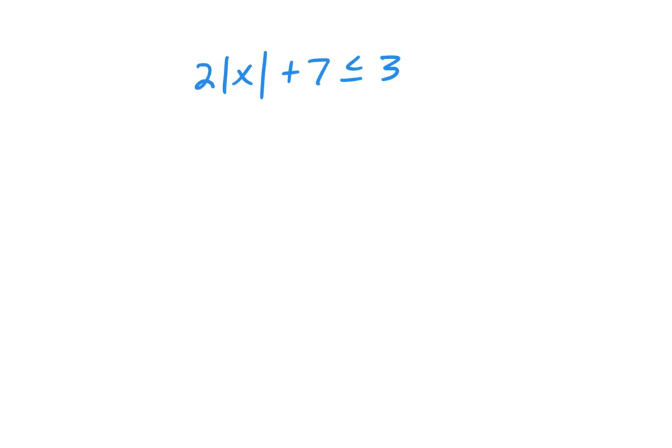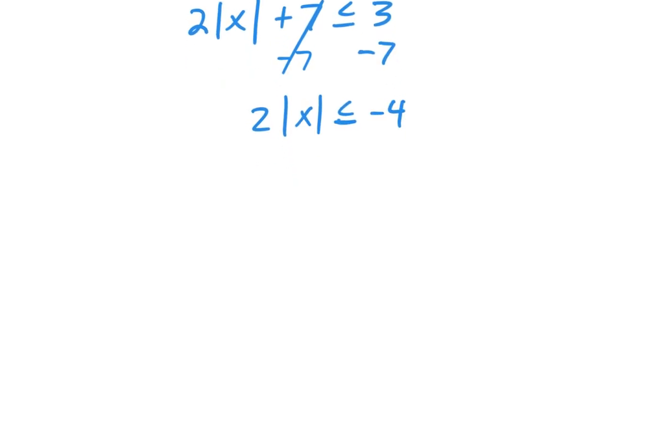Which one do I move first? The 7, yep. Just like solving an equation. We're going to subtract first. And then we're going to divide by 2. And we get to here.